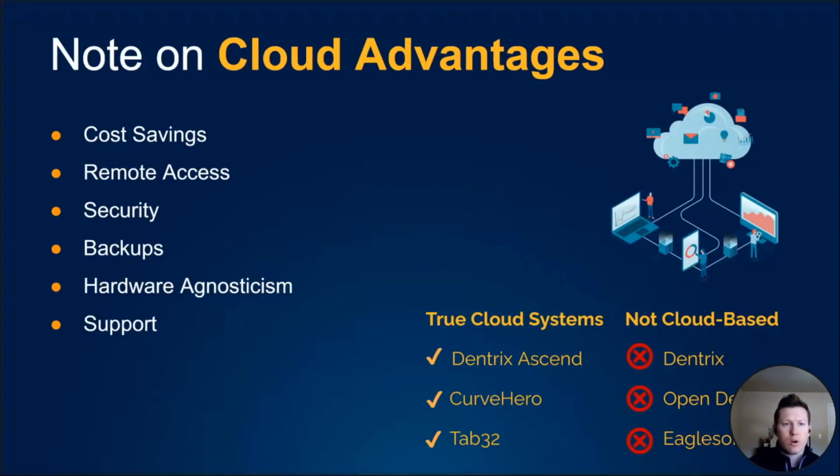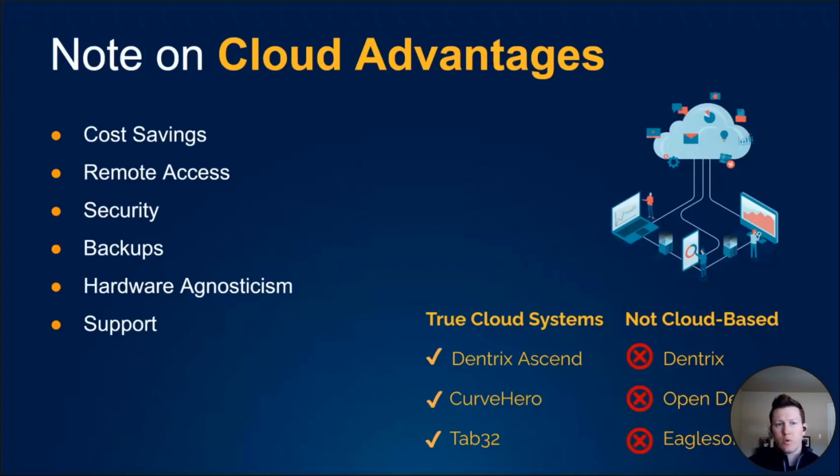And I'm going to go into this more. But for example, you have inherent cost savings with going to the cloud because you no longer need to have these workstations with specific operating systems. You don't have to have a server at all if it's a true cloud software.